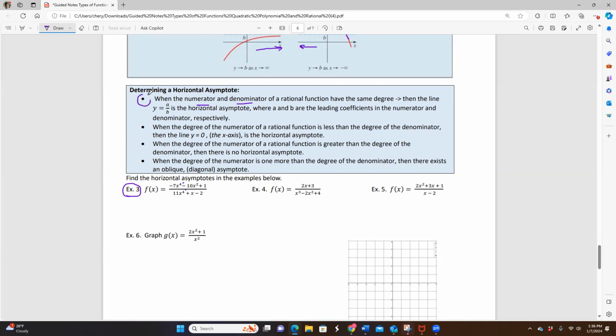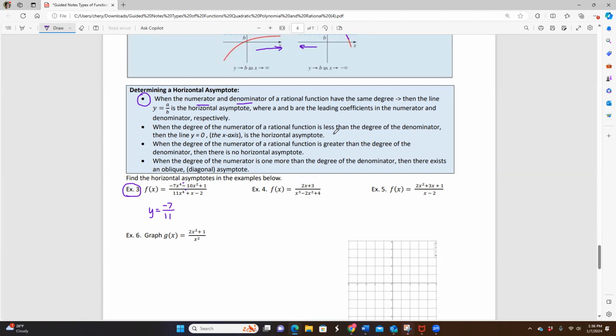So that's what we're talking about in A, when the numerator and denominator have the same degree. Now, my horizontal asymptote will be y equals, in this case, just the coefficients of these two lead terms. So negative 7 over 11, that is my horizontal asymptote. It's a little wonky, but that's it. That's all we have to do.